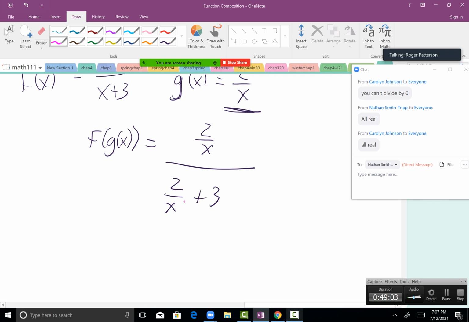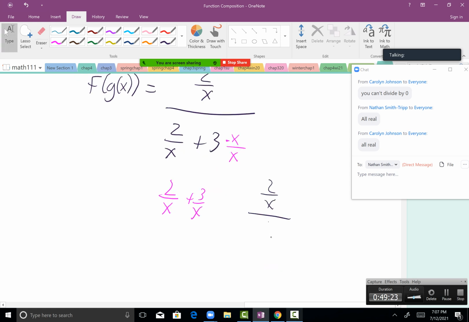When I add fractions, I got to have a common denominator. So I better multiply this by x over x. So I get 2 over x plus 3 over x, and that's going to give me 5 over x.